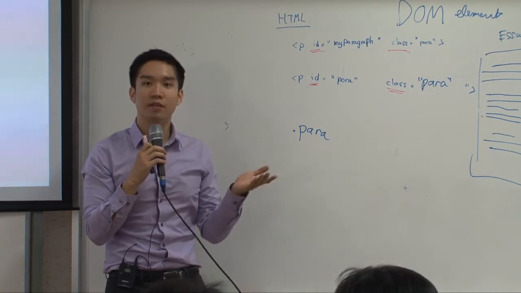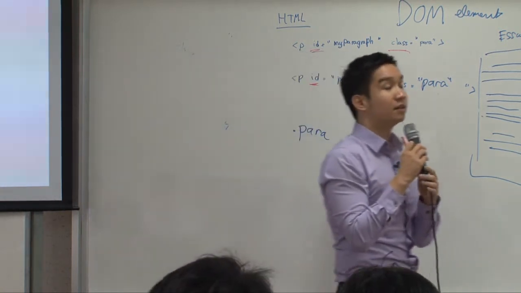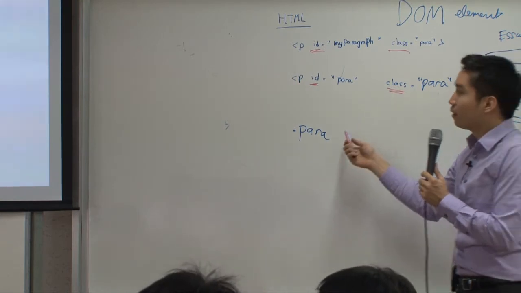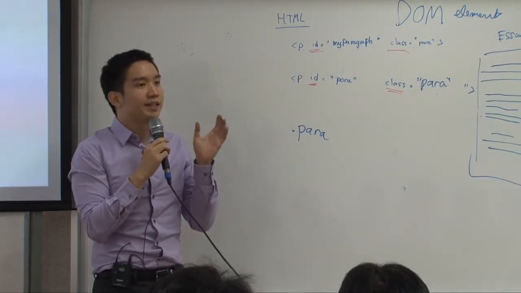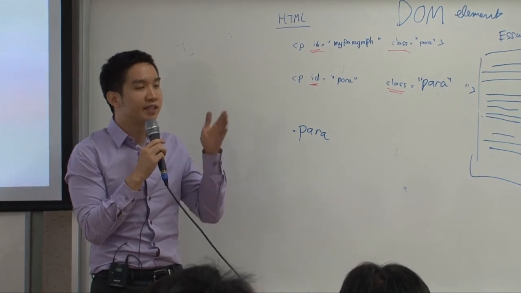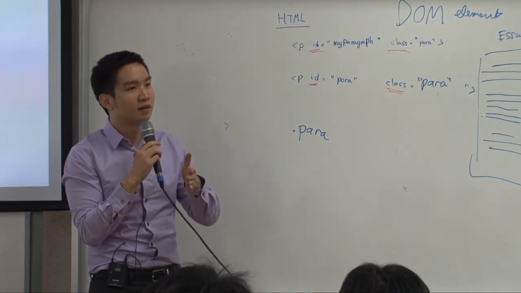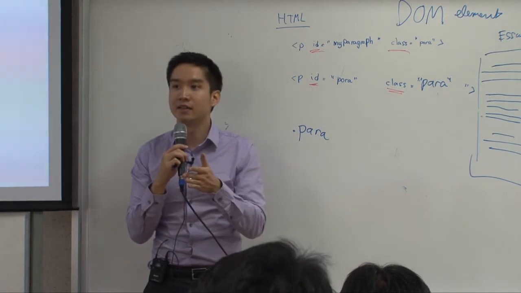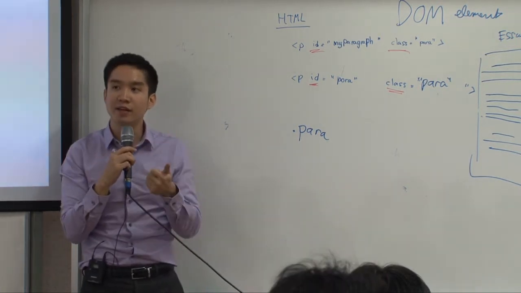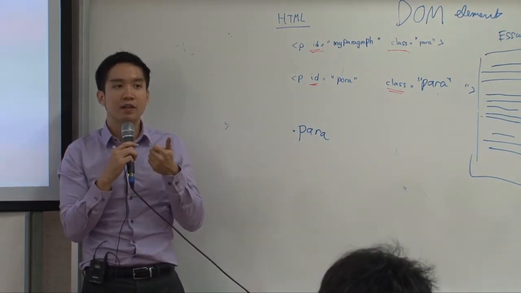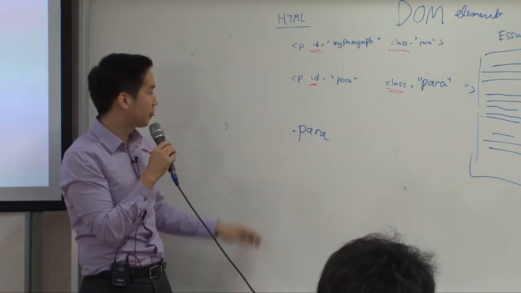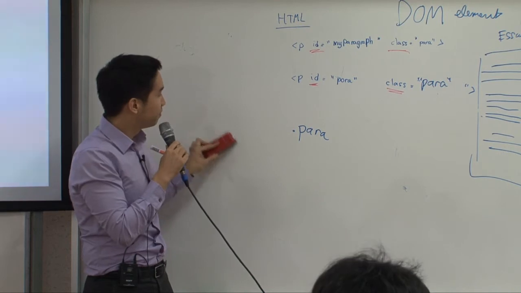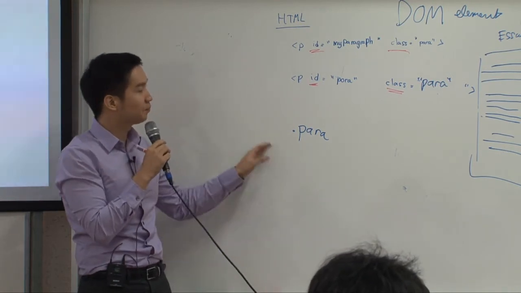Exactly, both. Excellent answer. Because the point is this, CSS selectors can return 0 or more matched elements. You're not restricted to just one, okay? You can have multiple results being returned based on your CSS syntax.